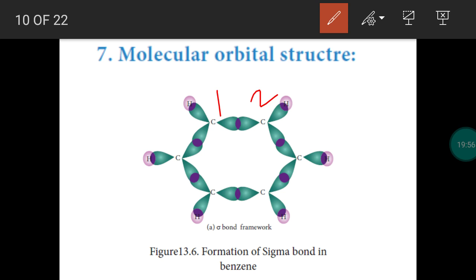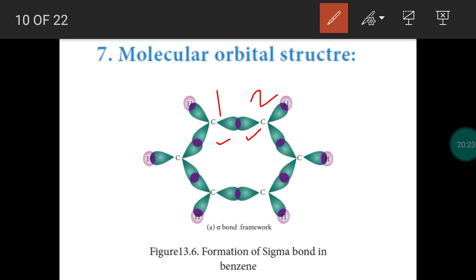Now we move into the overlapping. How is there a covalent bond formation between the carbon atoms and between the carbon and hydrogen atoms? You take first carbon. The sp2 hybridized orbital with a single electron of first carbon and the sp2 hybridized orbital of second carbon with a single electron will be involved in direct overlapping.